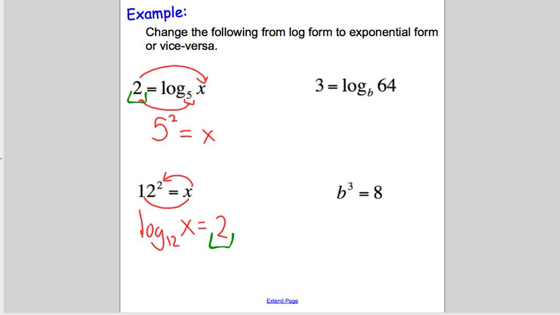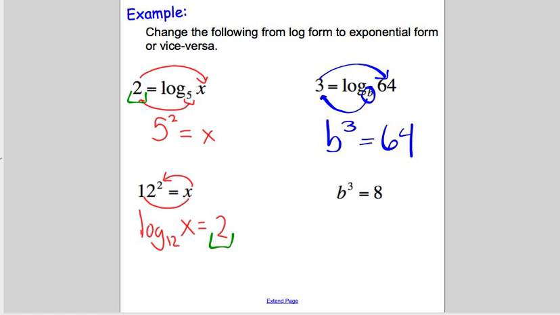And we do it again with b to the third equals 64. Knowing that b is the base of your exponent is going to be one of the key things for you.